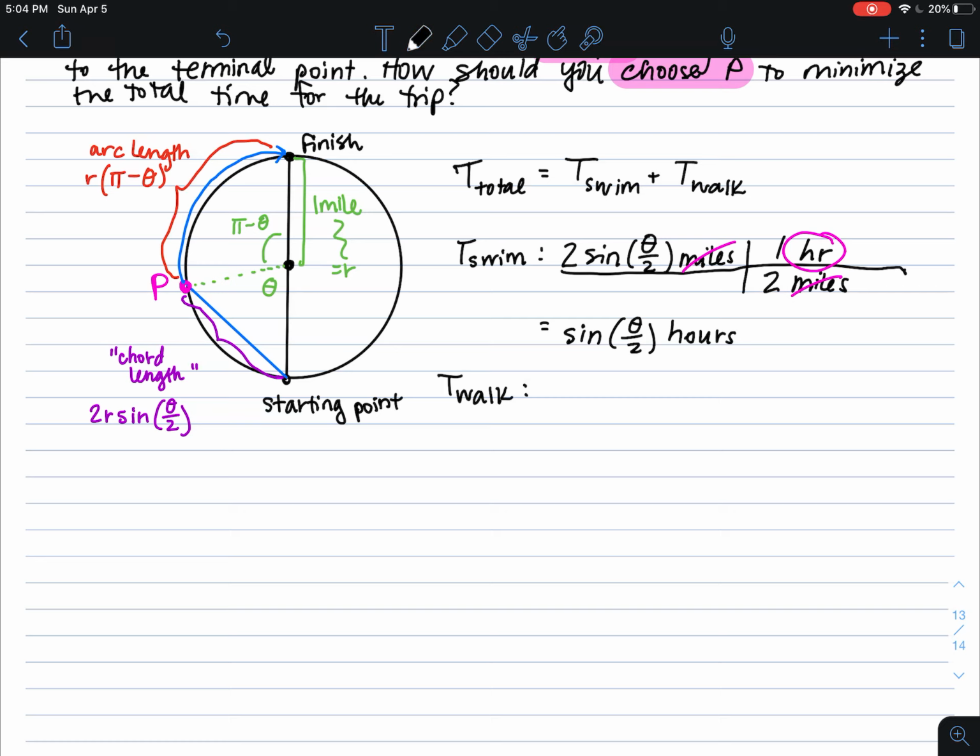Our arc length is going to be r, which is just 1, times pi minus theta. So we have pi minus theta miles, and we are walking those miles at a pace of 3 miles per every 1 hour. And that gives us pi minus theta over 3 hours.